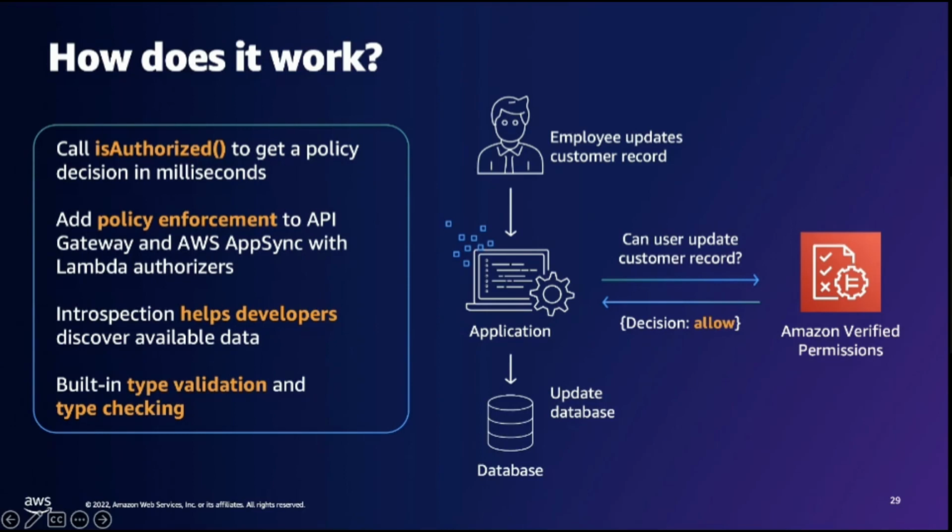Typically, you would inspect the token in your application, or you would build some sort of service that does that for you. When a user tries to do something, that access token, including the ID token as well, is sent to that service.